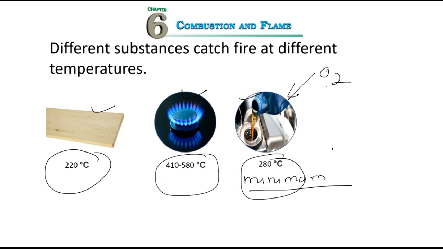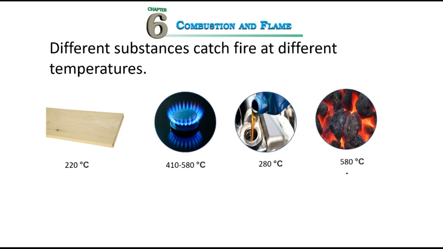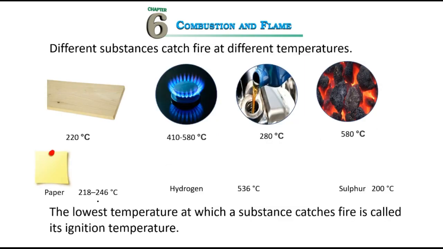In the same way, charcoal or coal will burn at approximately 580 degrees centigrade. Paper requires around 218 to 246 degrees centigrade. In the same way, hydrogen 536, and sulfur is around 200 degrees centigrade.